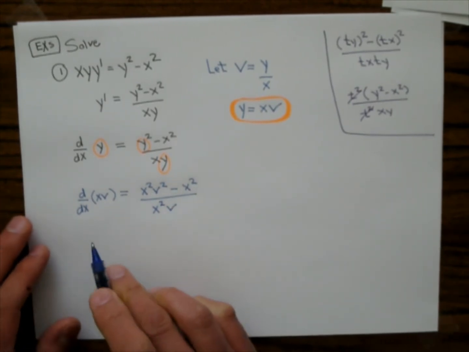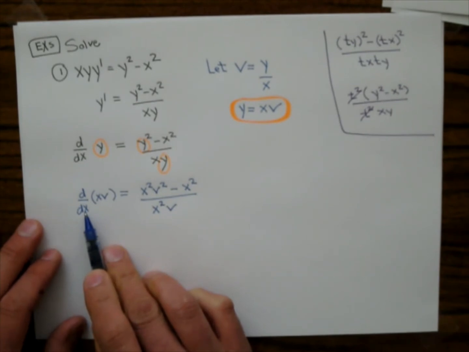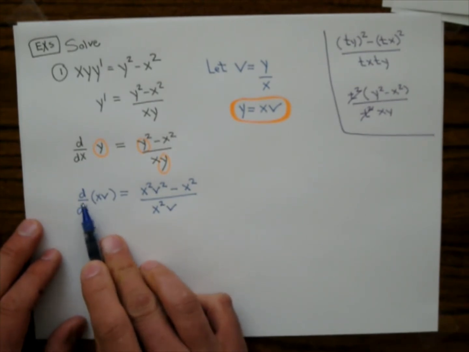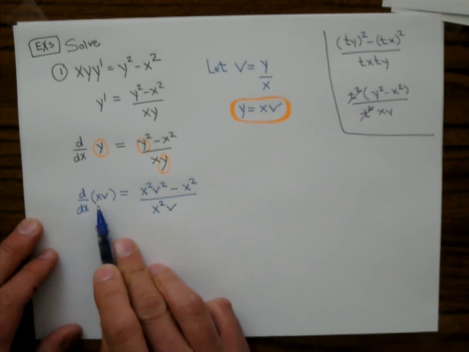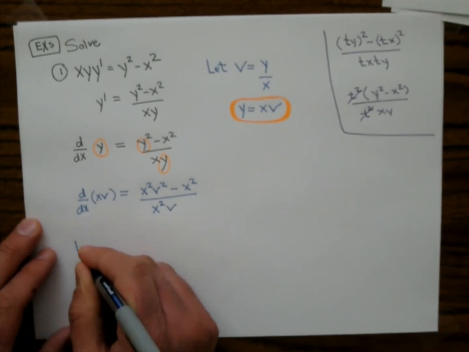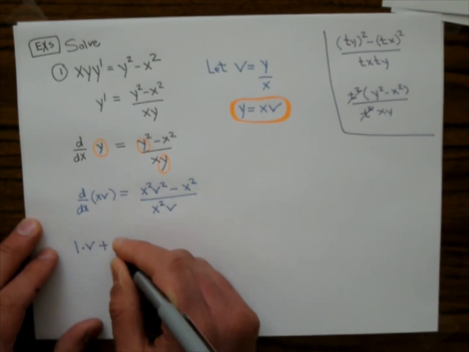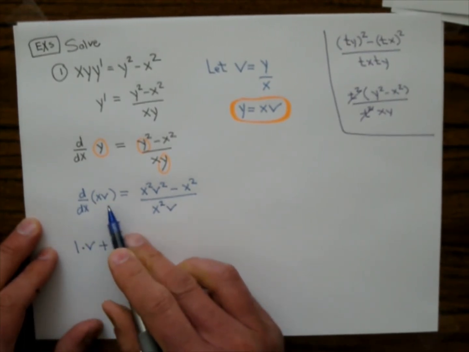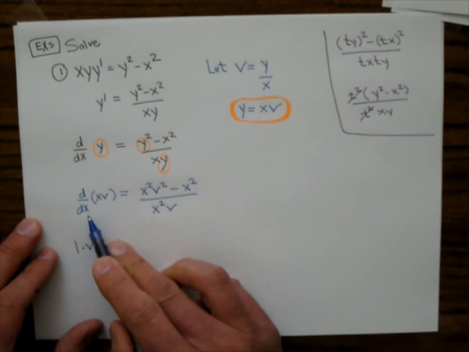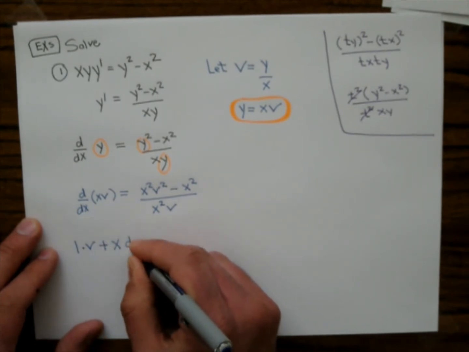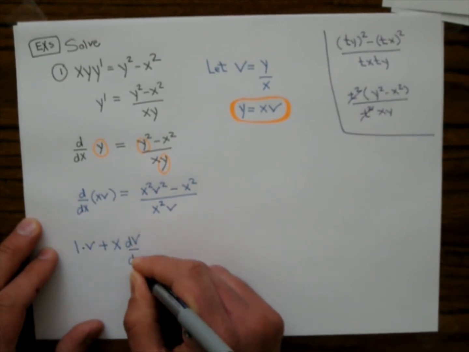Okay, now on the left-hand side, we are going to do the product rule, because this is the derivative gun, and we say the derivative of the first times the second plus the first times the derivative of the second. And we're taking the derivative with respect to x, so it's going to be dv dx.